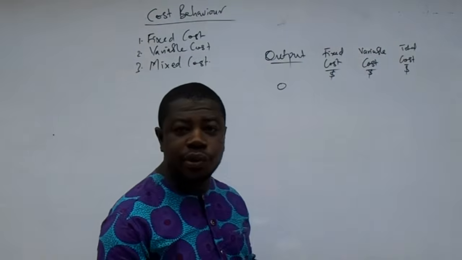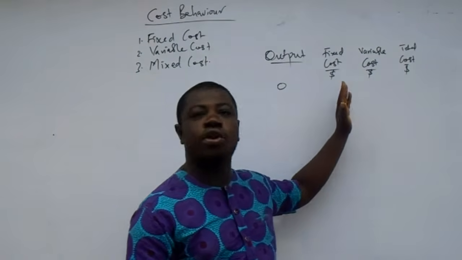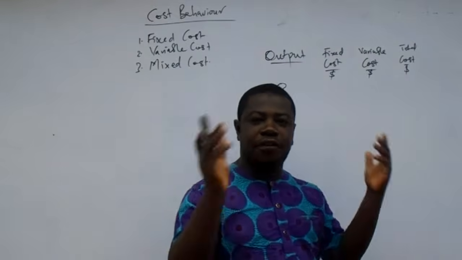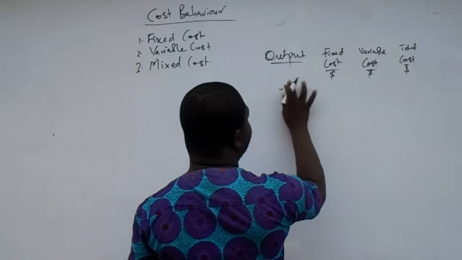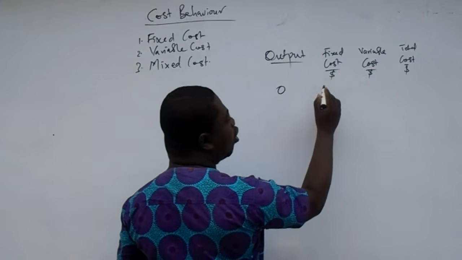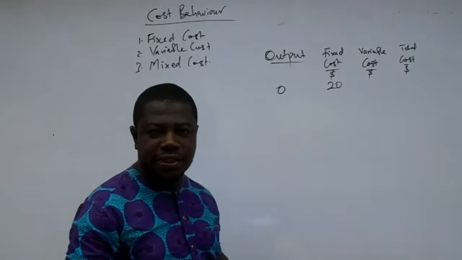And so rent is a very good example of a fixed cost. Those costs, whether you are producing or not, you incur. Let us assume that the fixed cost of this organization is $20. And so even though there was no output for the year, $20 will still be incurred as fixed cost.